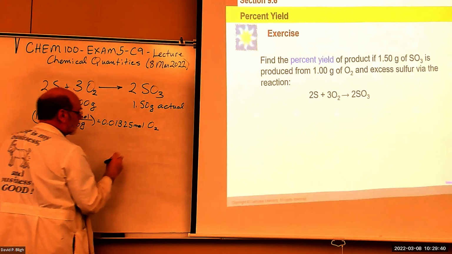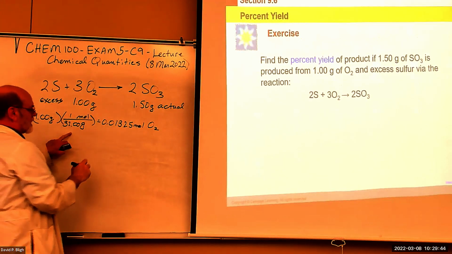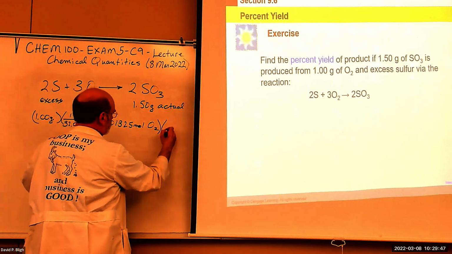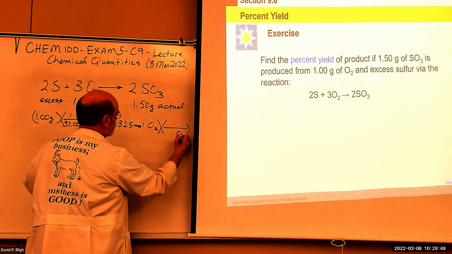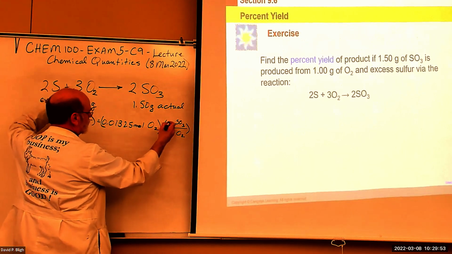That's moles of oxygen. Then we just need to convert that to moles of sulfur trioxide. Oxygen on the bottom, sulfur trioxide on the top. We have a coefficient of 3 and a 2.